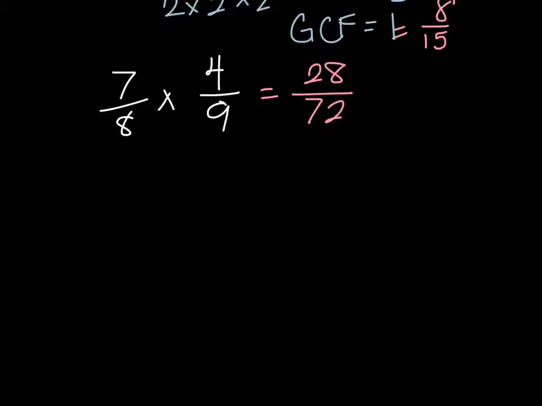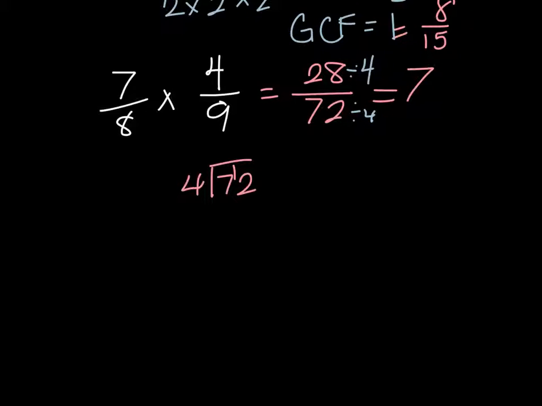And I know that 28 divided by 4 gives me 7. And I know that I can divide 4 into 72. So let me just make a quick note here. I'm dividing by 4 on the top and the bottom. Remember the whiny kid, whatever you do to one, you must do to the other. Or whatever you do for one, you must do for the other.